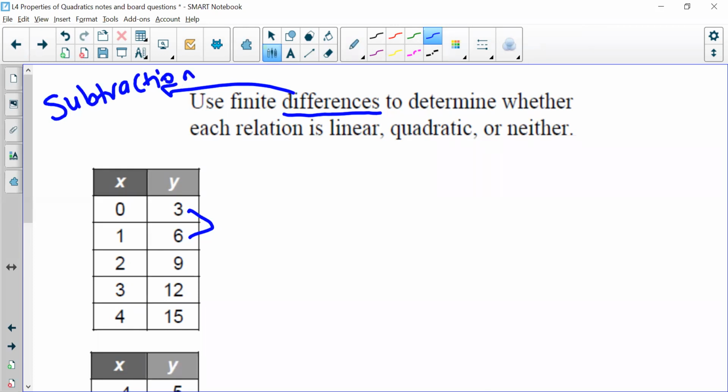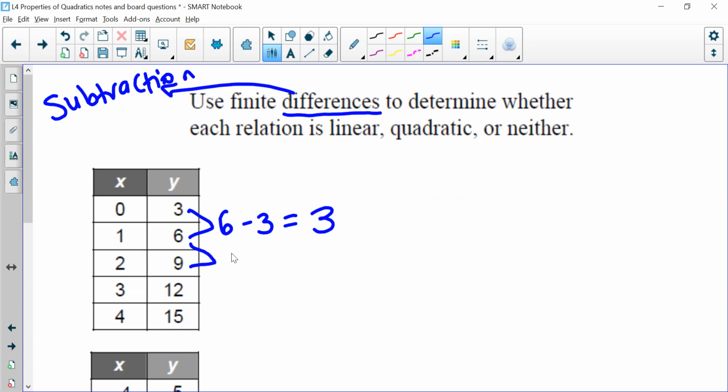So Lauren said you're looking at the y values and trying to see, is there a pattern? What's happening to my y values? If I started at 3 and then went up to 6, what's the difference here? What's 6 take away 3? 3. Thank you.